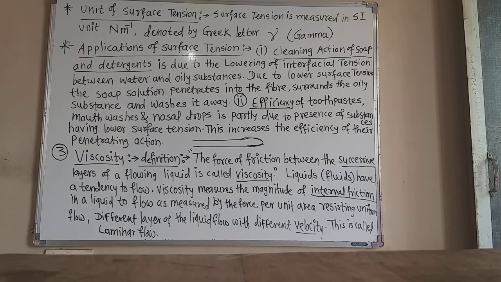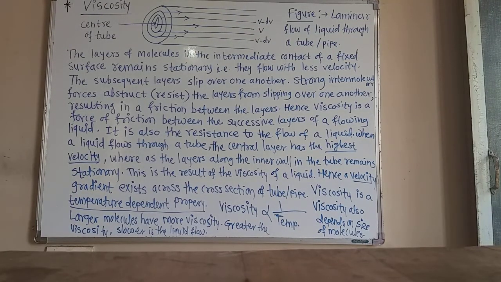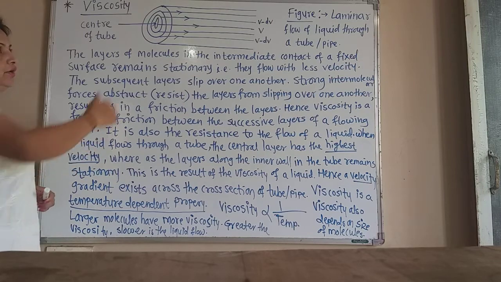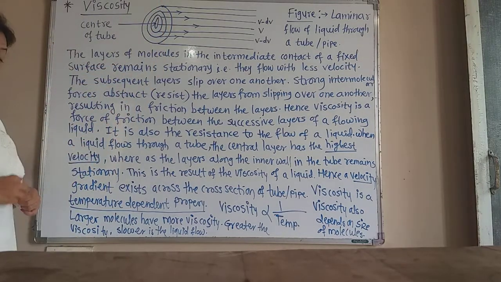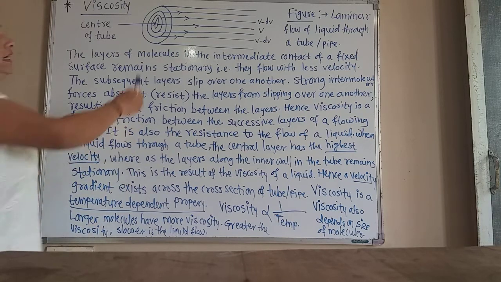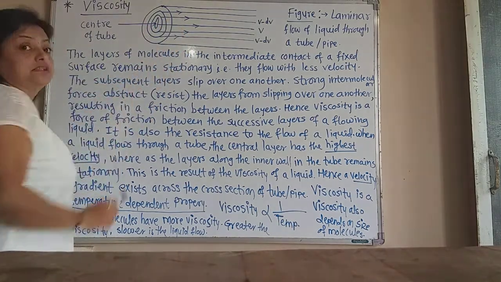Now let us learn more about viscosity, and see the figure for it. Here is the figure, which is the cross section of a tube or pipe through which a liquid is flowing. These are the different layers of the liquid.